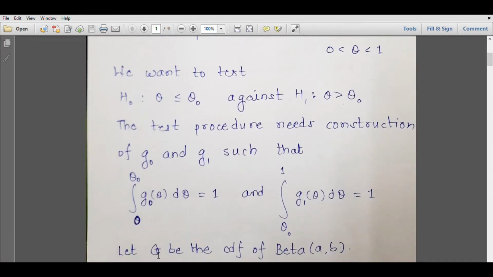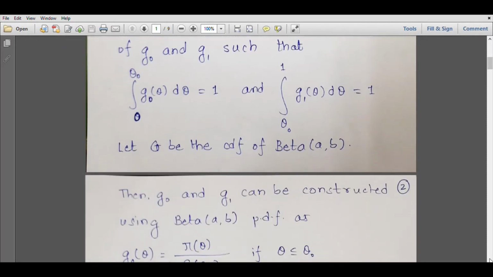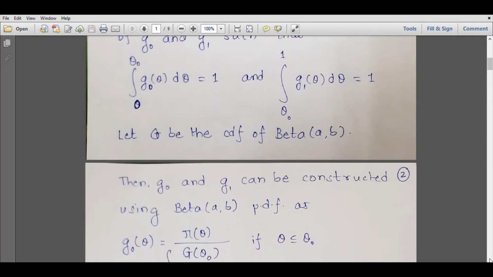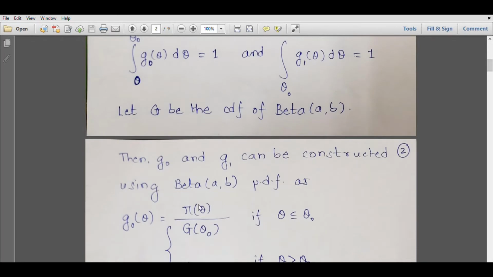Suppose capital G is the CDF of the beta distribution with parameters a, b. Then we can use this to construct G naught and G1. We will have to truncate the distribution over the particular range. So G naught theta can be pi theta, where pi theta is the PDF of the beta distribution with parameters a and b, divided by the CDF of the same distribution at point theta naught.